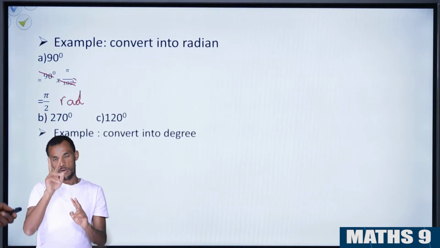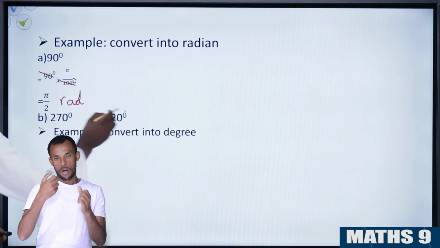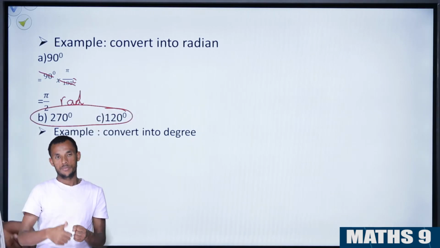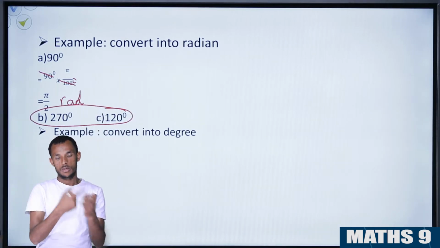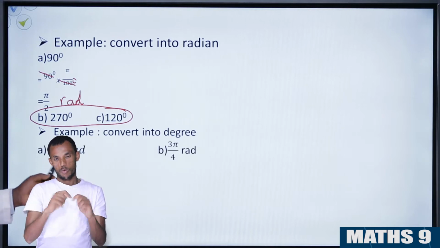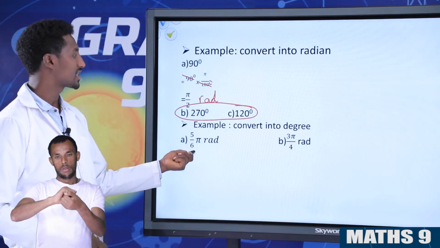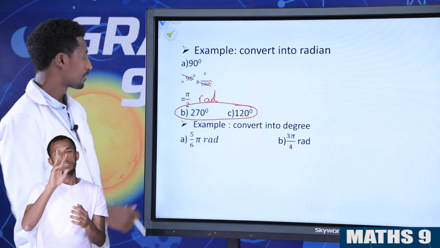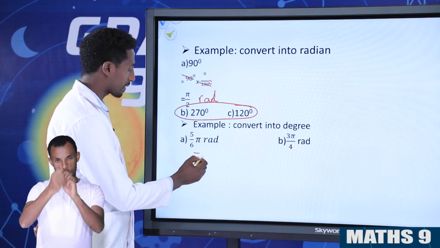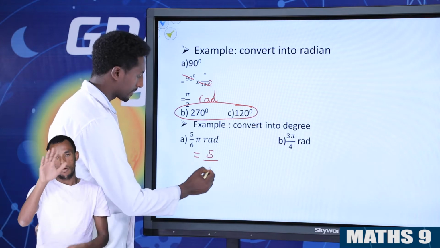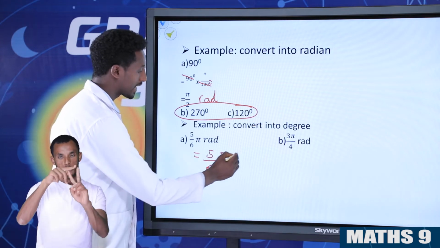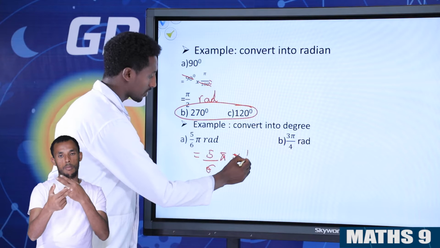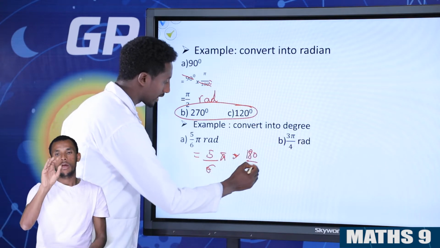And we can see another one. Take this by yourself, convert this one into radian measure. Also we can convert radian measure into degree. Here we have 5 over 6 pi rad. To convert this one, multiply 5 over 6 pi by 180 degrees over pi.